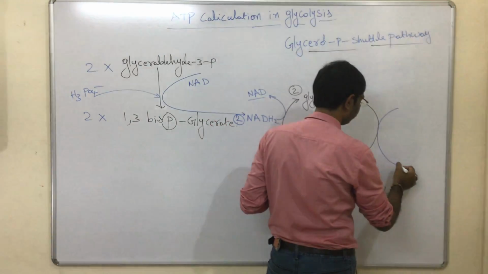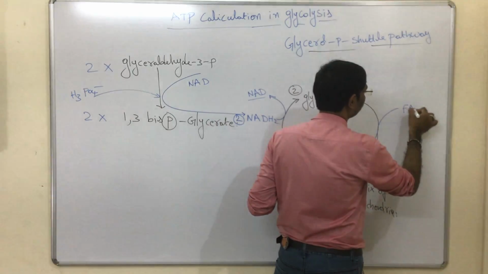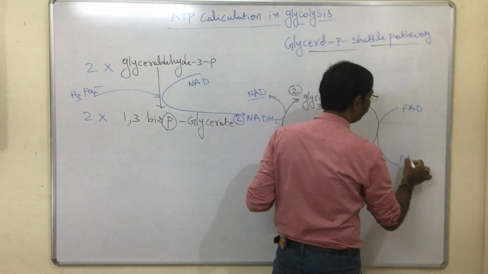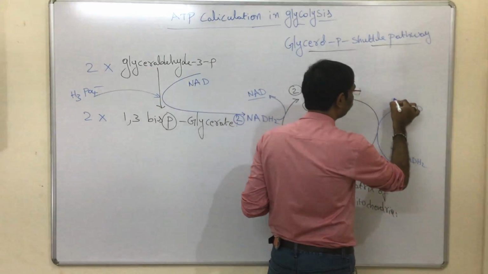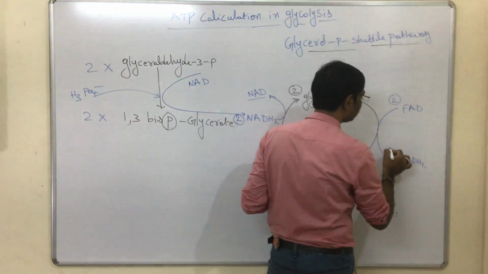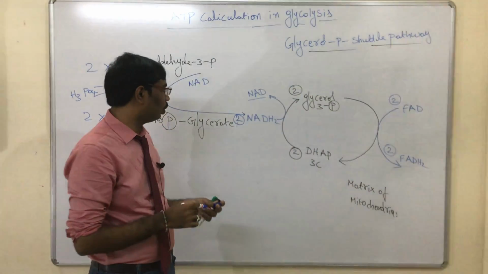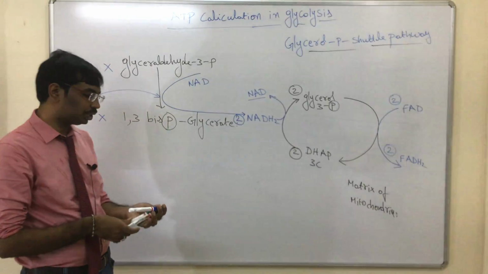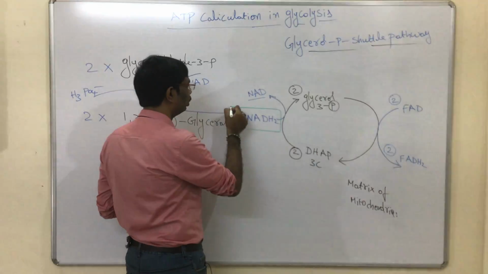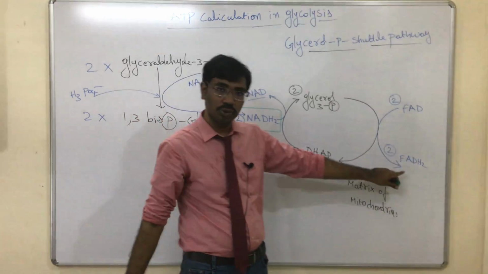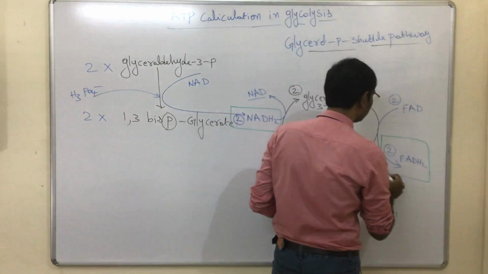So see here, FAD is converted into FADH2. So 2 molecules are involved. So 2 FAD is converted into 2 FADH2. Okay, so totally how many NADH2 consumed in the reaction? 2 NADH2 consumed in the reaction. So how many FADH2 produced in the reaction? 2 FADH2 produced in the reaction.